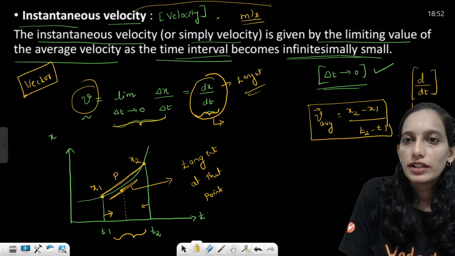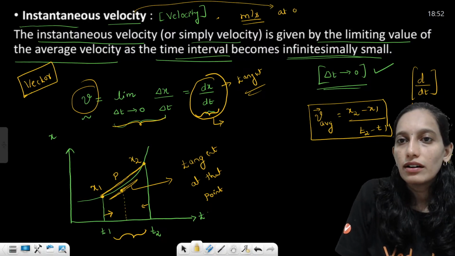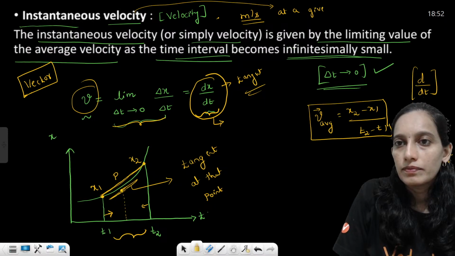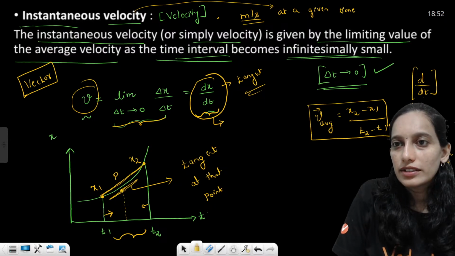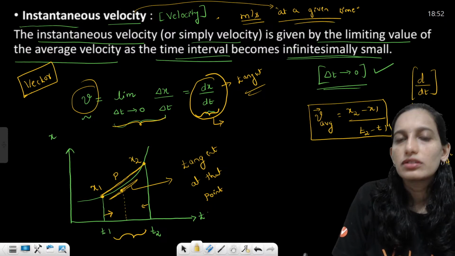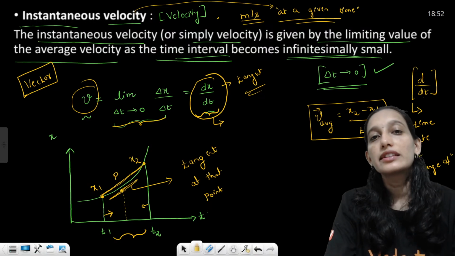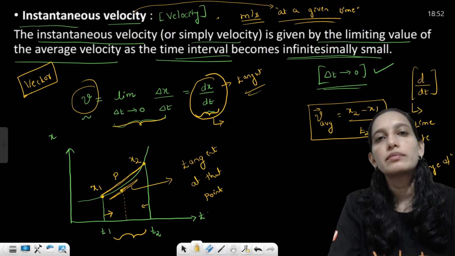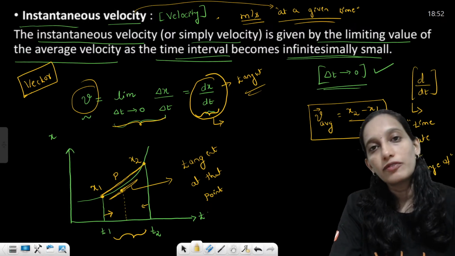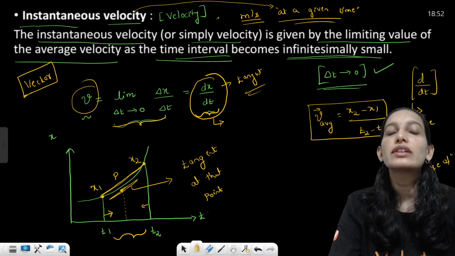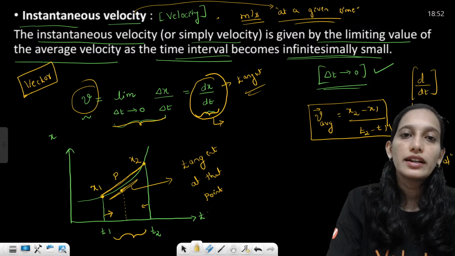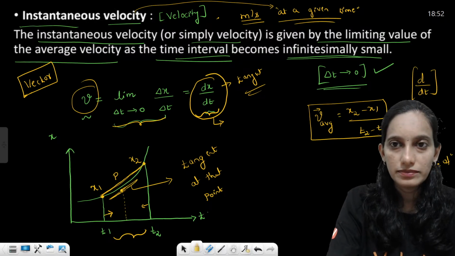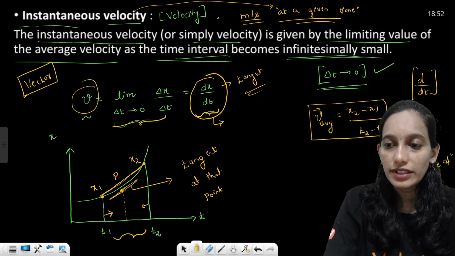It is the time which is of our interest, might be at 3 seconds, 4 seconds, 5 seconds. At that given time, what is its velocity? So that is the meaning of instantaneous velocity.